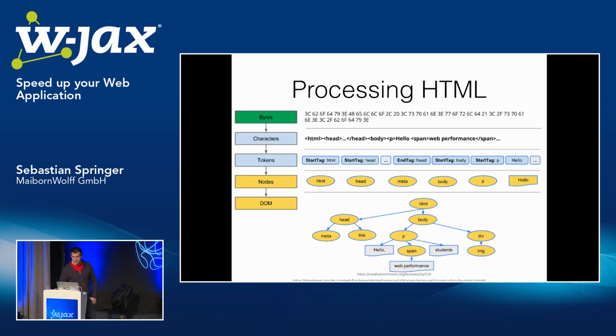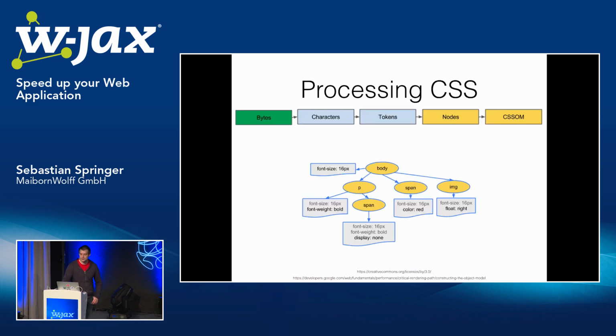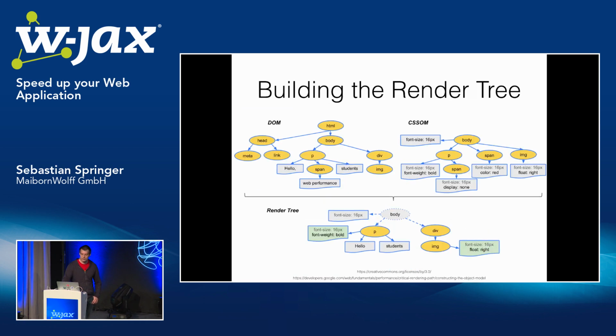And the two tree structures, the HTML for the structure and the CSS, are merged together into a thing called render tree. And this render tree consists of all the visible parts of your application. So if you hide some nodes by CSS, they are getting kicked out and not rendered in the browser.